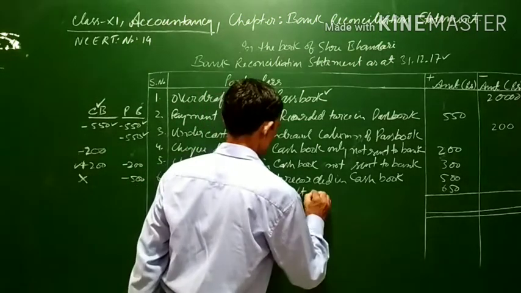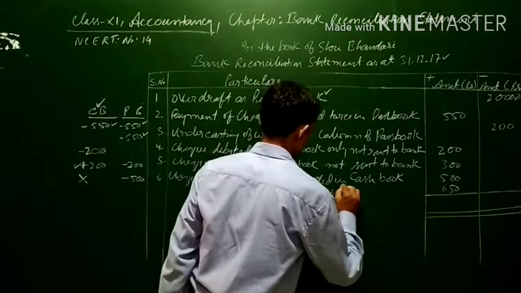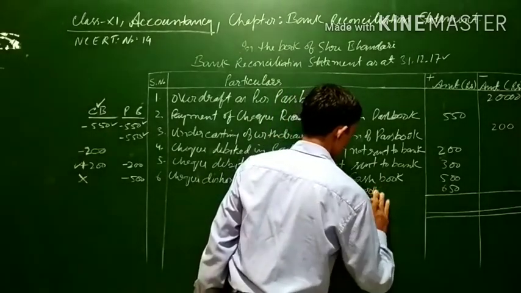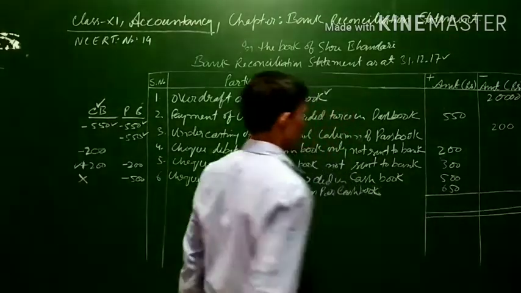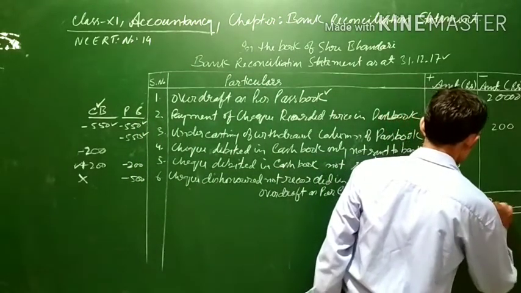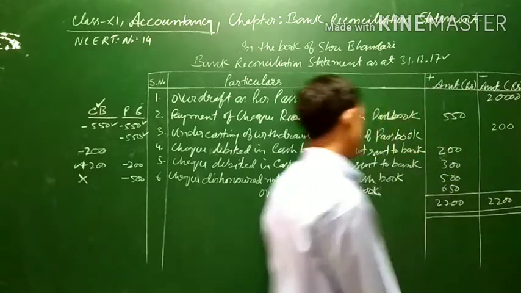Overdraft as per cash book and total will be 2200.